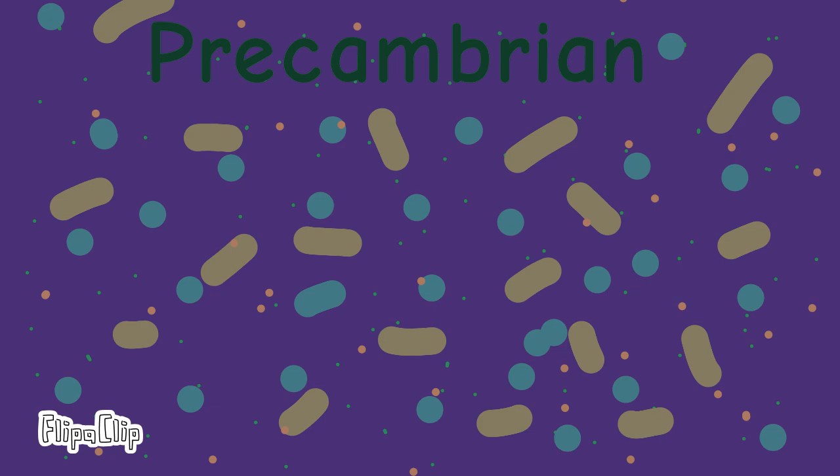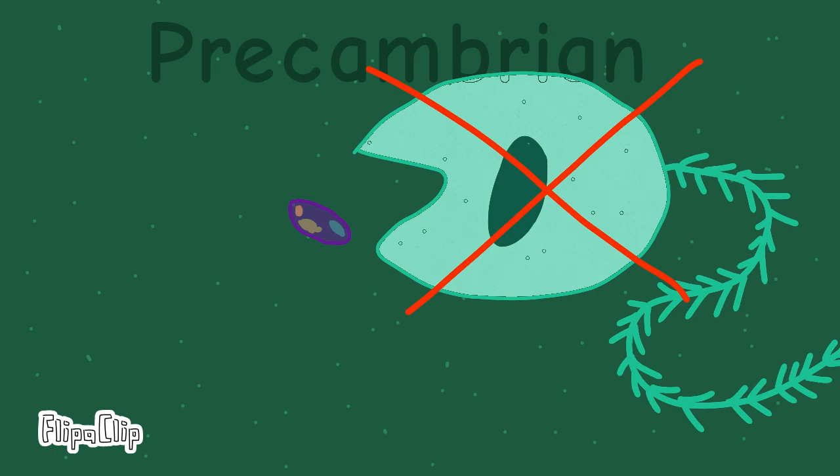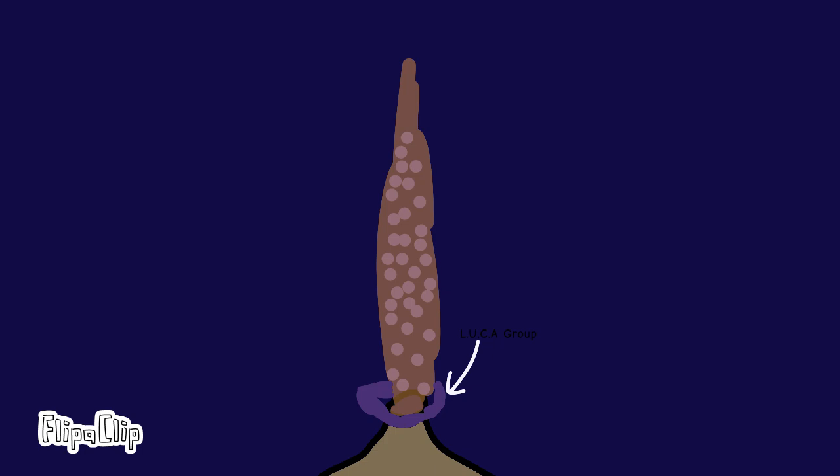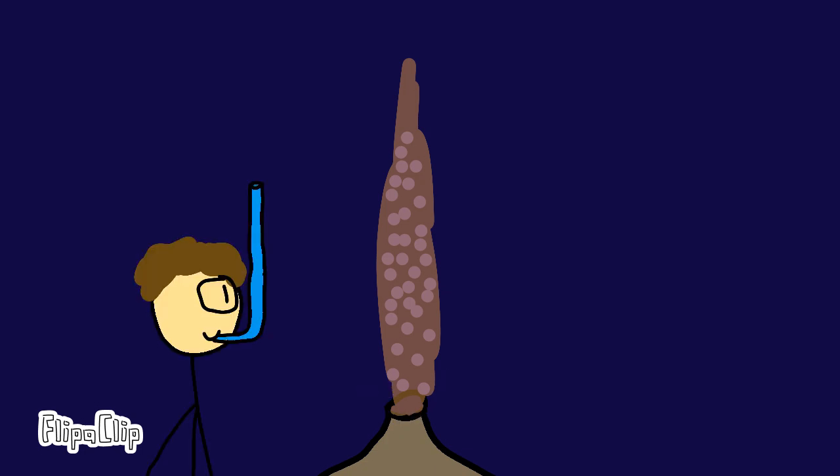Like rapid multiplying. Since they had no predators and could feed themselves off by hydrothermal vents, which are basically very hot mini volcanoes of water that act like geysers, creating much heat and some nutrients for Luca.